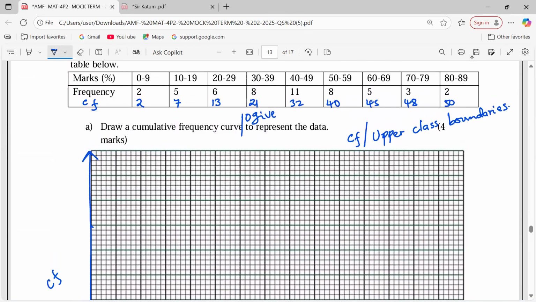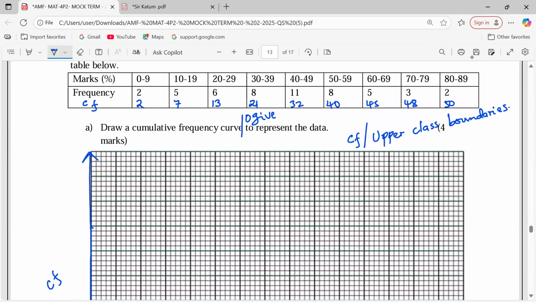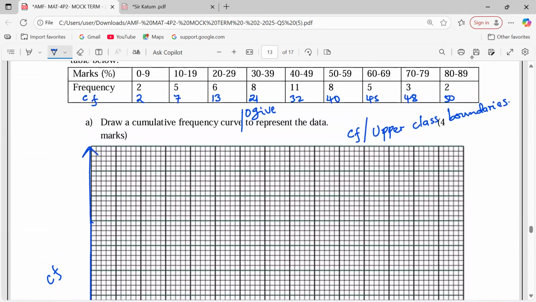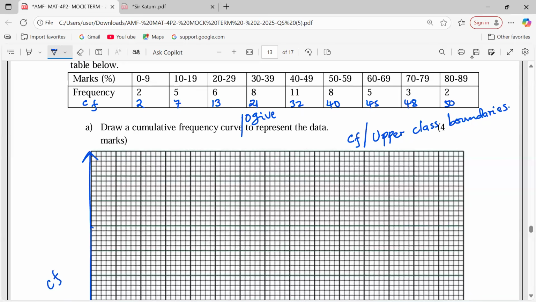We can see the values are ranging from 2 to 50. So we can use intervals of 5. For 50, when we use intervals of 5, we require 10.